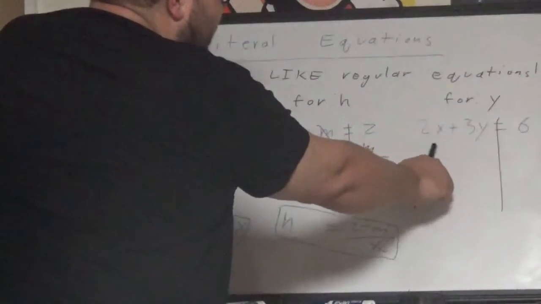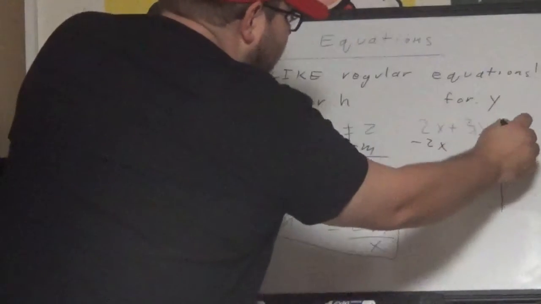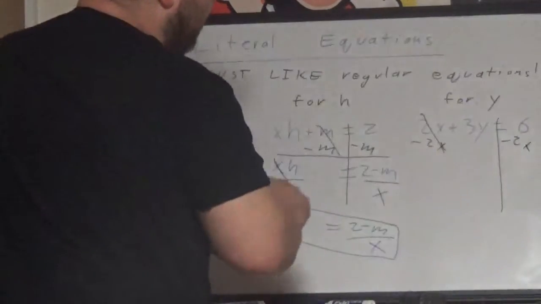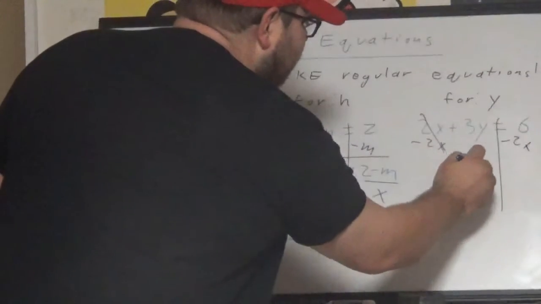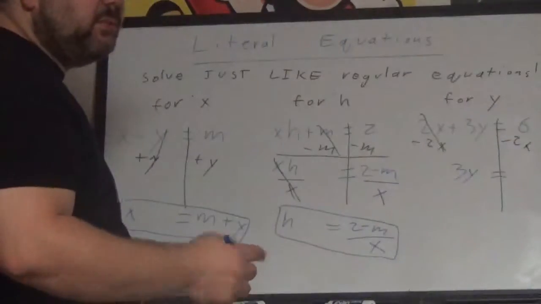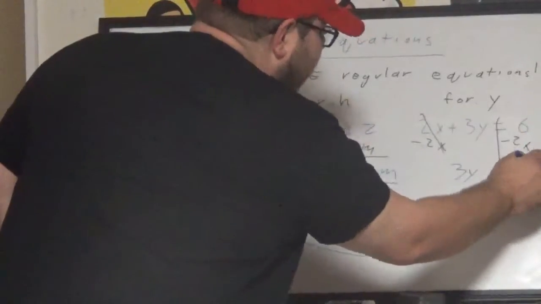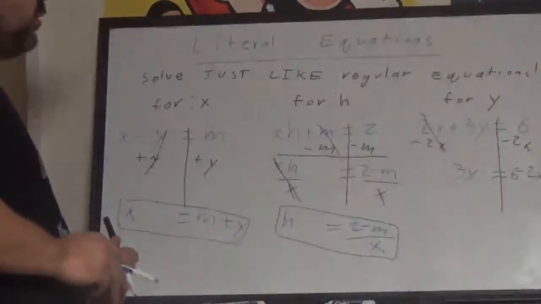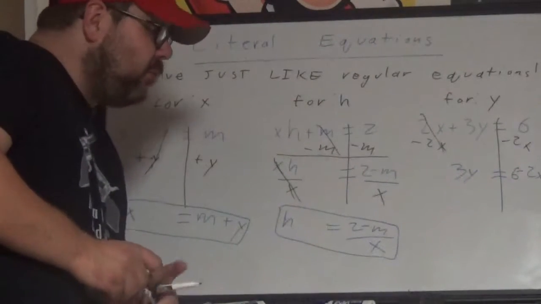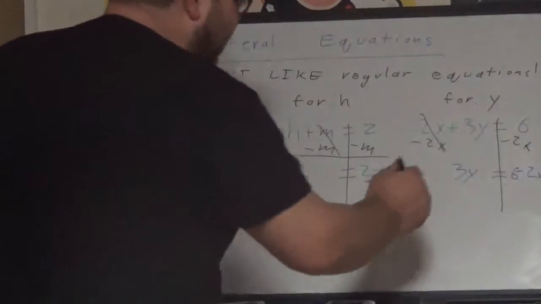First thing I'm going to do is take this 2x, subtract each side. We'll have 3y equals 6 minus 2x. Those are not like terms. So 3y equals 6 minus 2x. Now we have 3y, so we divide each side by 3.